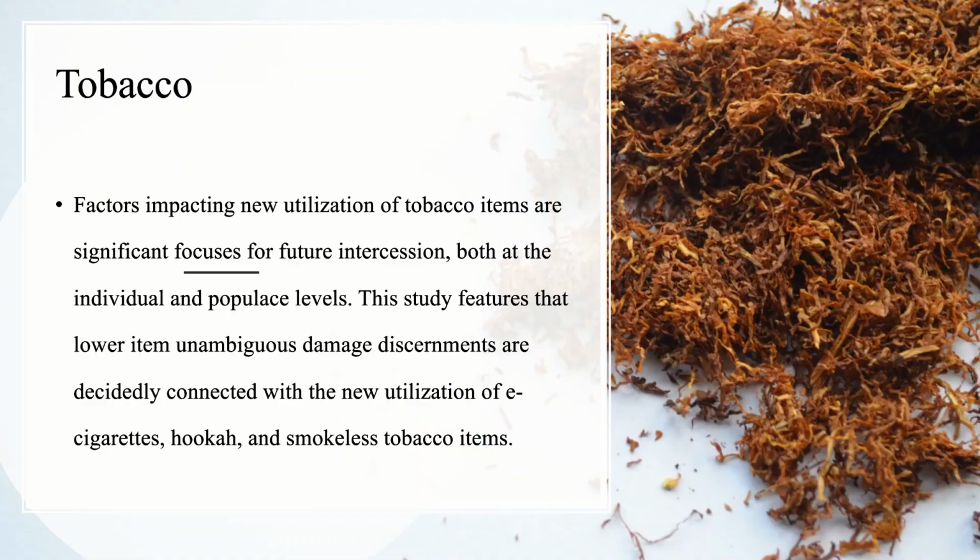To add to the chemical dependency, I mainly want to discuss tobacco. The factors impacting utilization of tobacco items are significant focuses for future study, both at the individual and population levels. These benefits are lower item unambiguous damage discernment, which are decidedly connected with the new utilization of e-cigarette, hookah, and smokeless tobacco items.